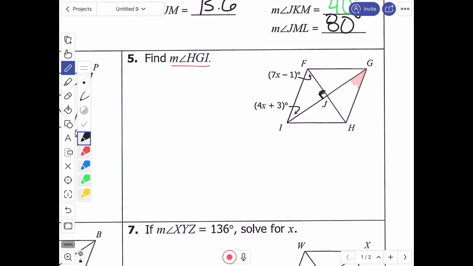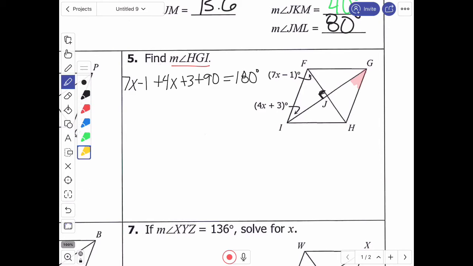So I'm going to take 7x minus 1 plus 4x plus 3 plus 90 degrees from that right angle equals 180. And that's from knowing that this is a triangle. And no matter what triangle it is, all the angles should add up to 180 degrees.